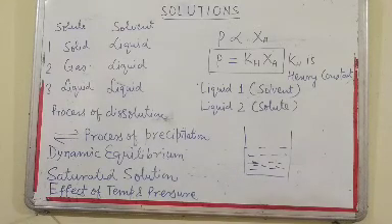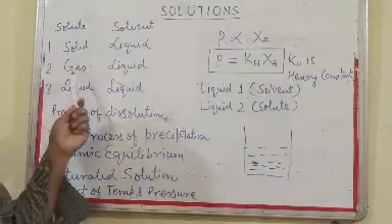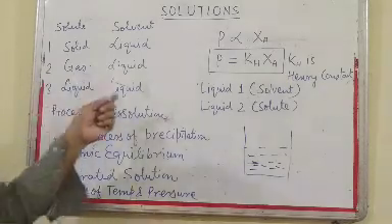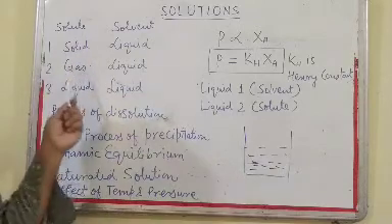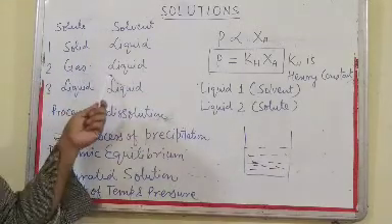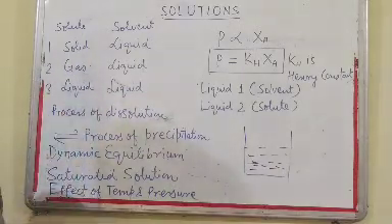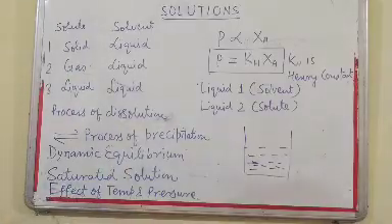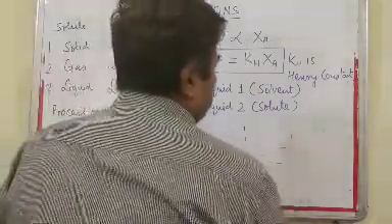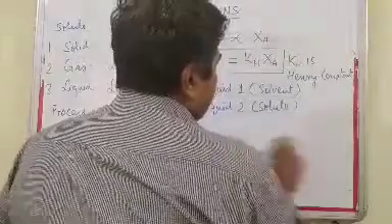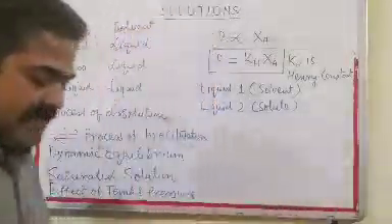Okay. Now we will discuss the property of the second type of solution, in which the solute is in gaseous state and the solvent is in liquid state. For this we will have to take a closed container.